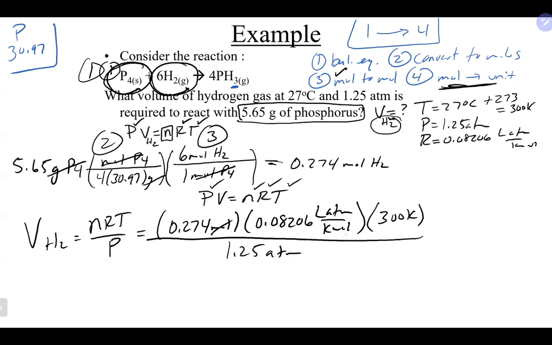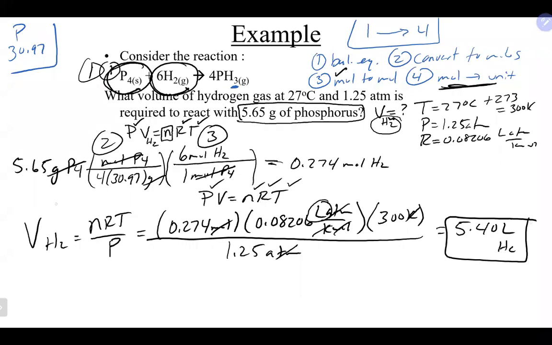The moles will cancel, Kelvin will cancel, atmospheres will cancel, leaving us liters as the only unit left, and that would get us 0.274 times 0.0826... looks like 5.40 liters of H2 in this case.